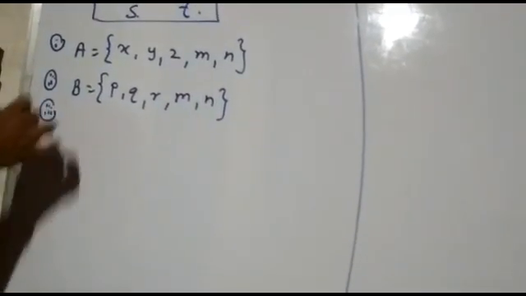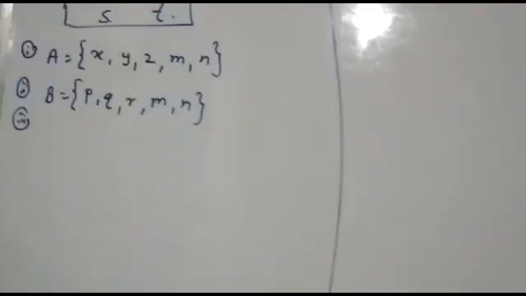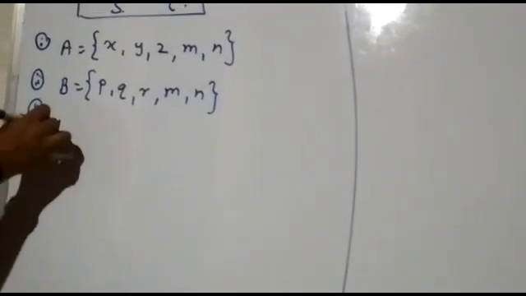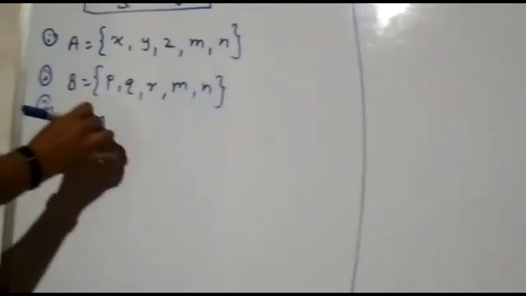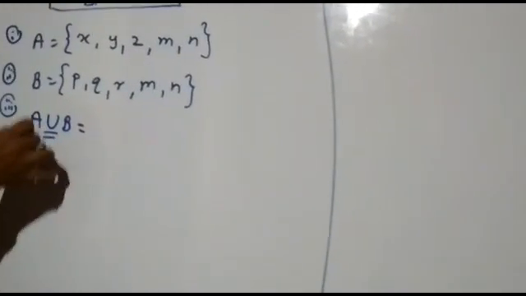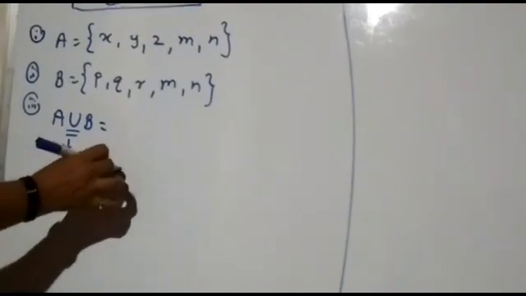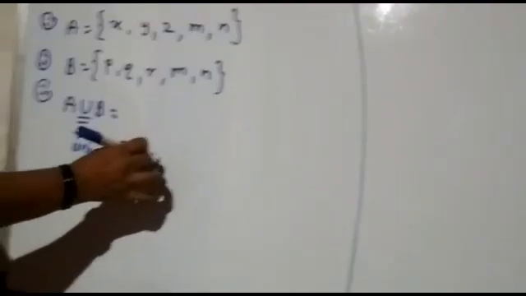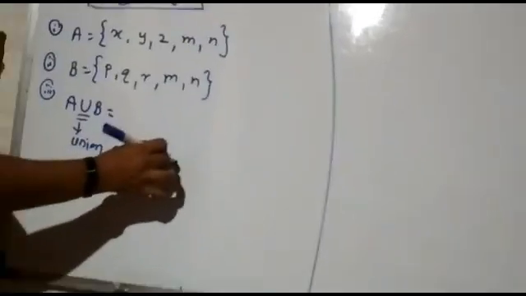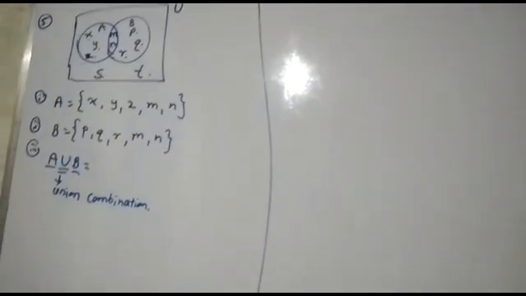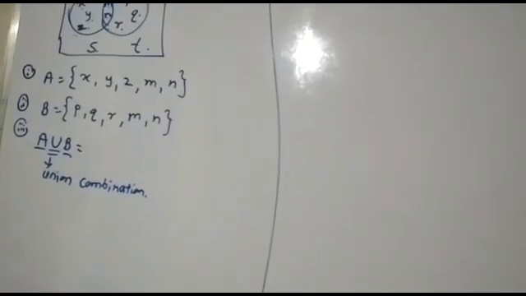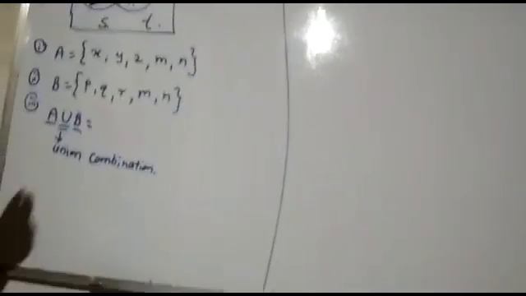Then they say to write A union B. These signs indicate union. Union means combination, means we have to combine these two sets. But the elements which are repeated, write down only one time.